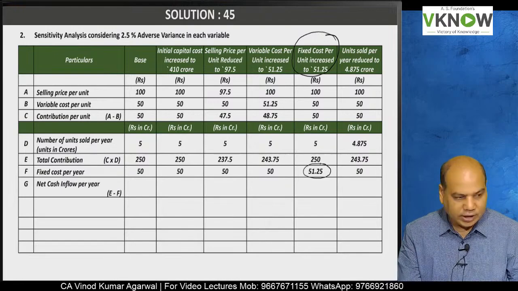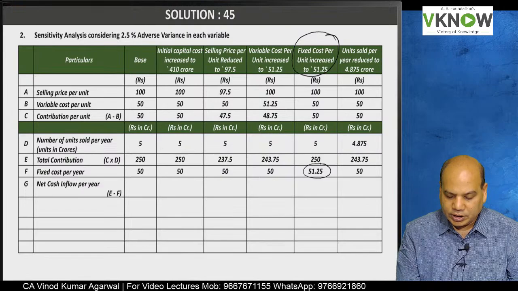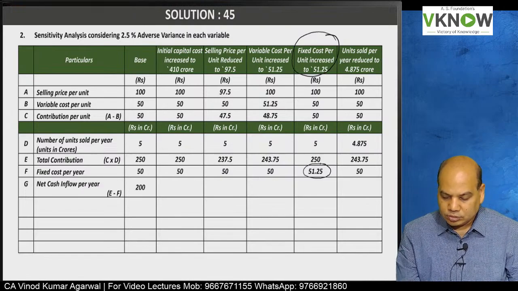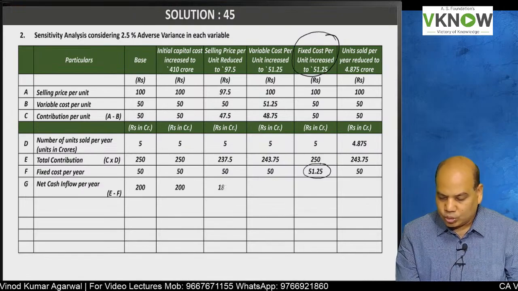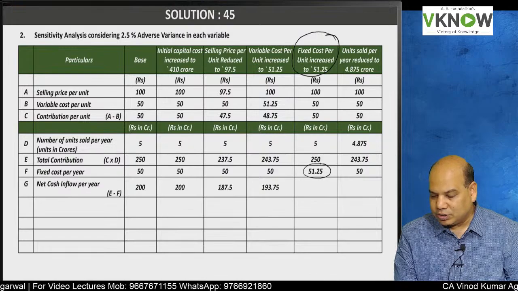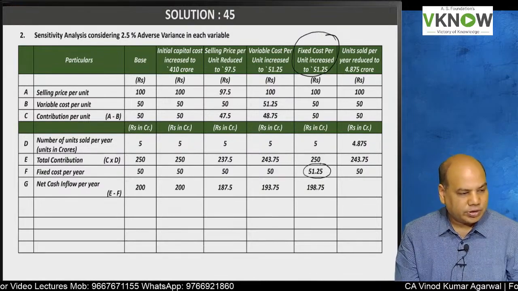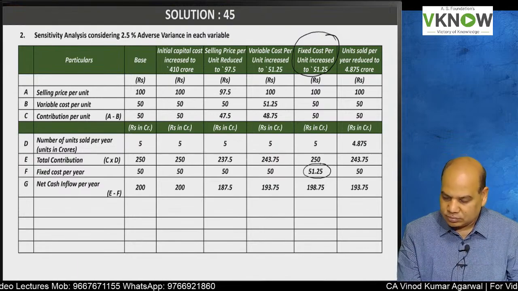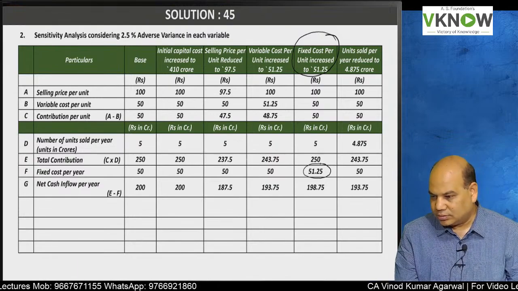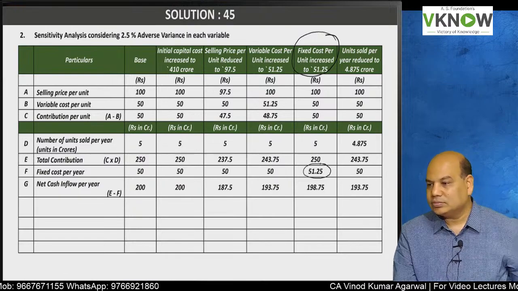Then write down net cash inflow per year: 200, 200, 187.50, 193.75, 198.75 and 193.75. Up to this is right.